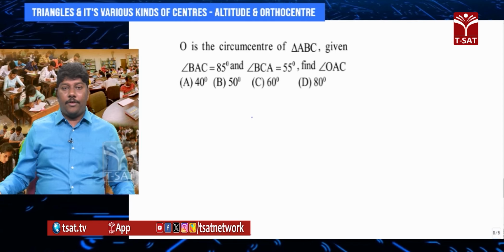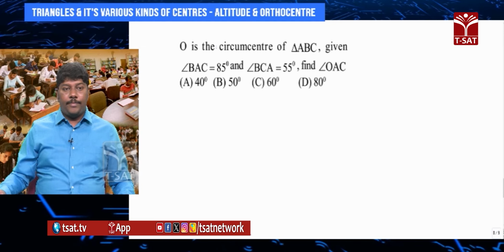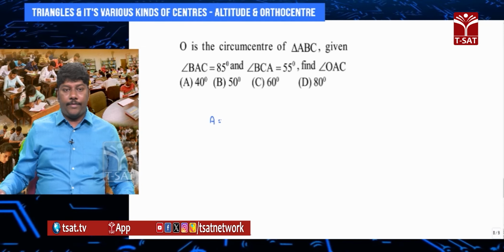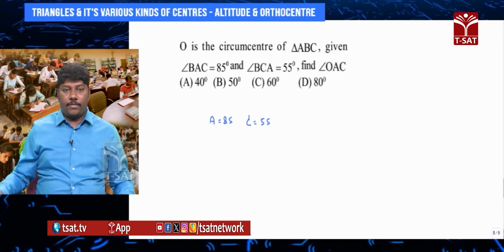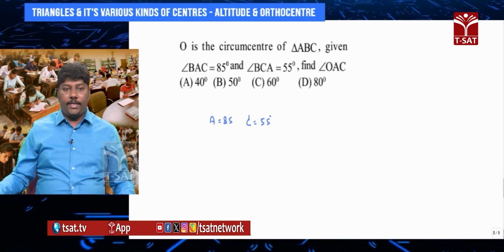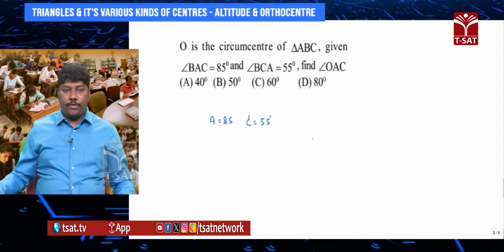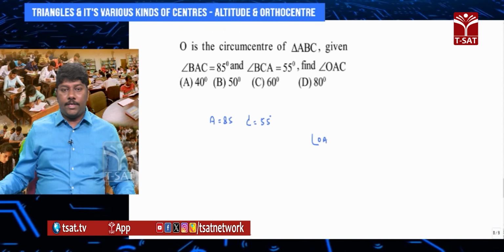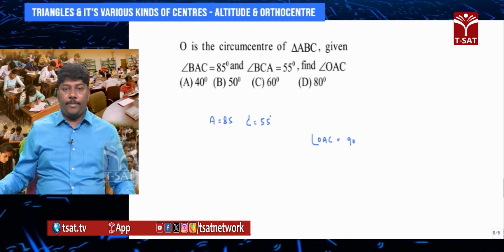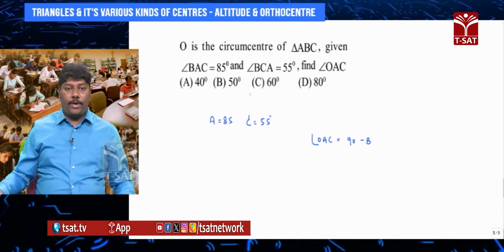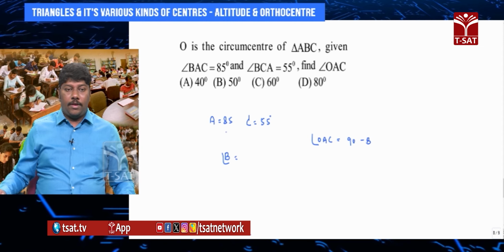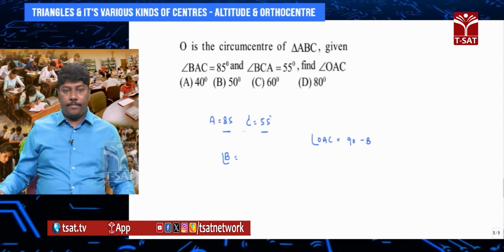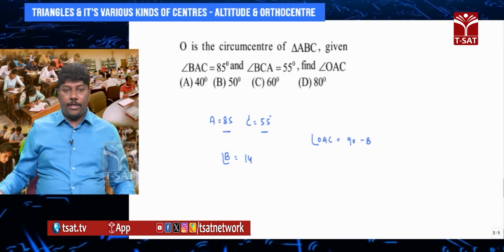O is the circumcenter of triangle ABC, given BAC means angle A is equal to 85, angle C is equal to 55. Find OAC. So, we know angle OAC is equal to 90 minus angle B. What is angle B here? 85 plus 55, it is 140.